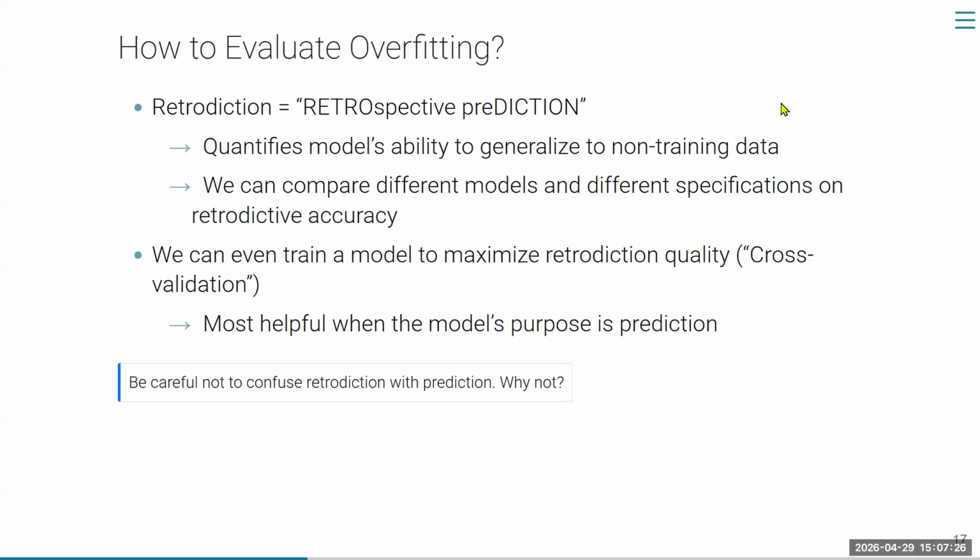Retrodictions are when we use a model to make predictions after the fact on non-trained data. And we can quantify the model's performance to accurately predict the data that we've held out of its training. Cross-validation is the most famous way to evaluate retrodictive performance, not the only way.